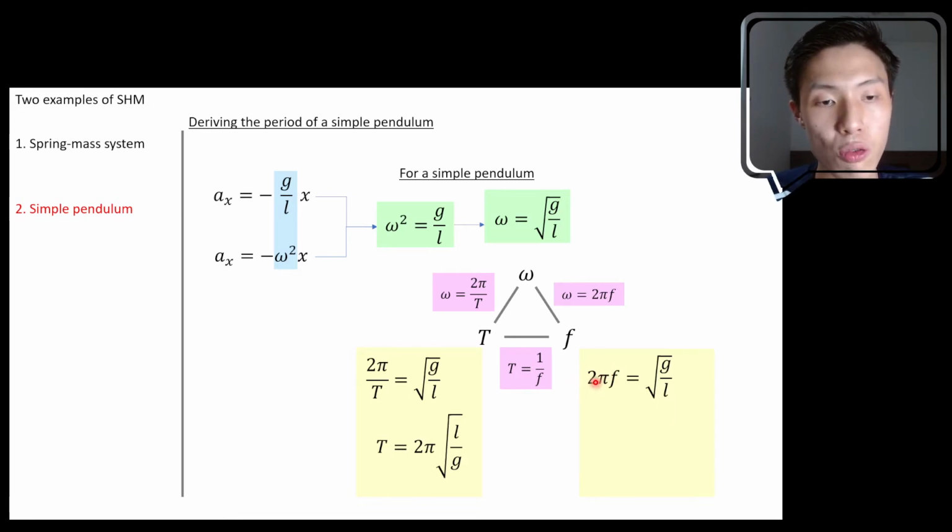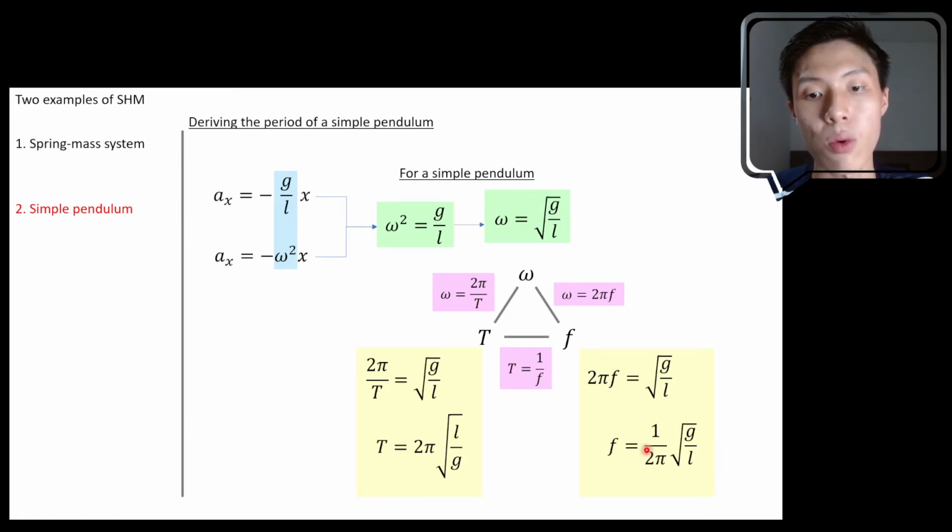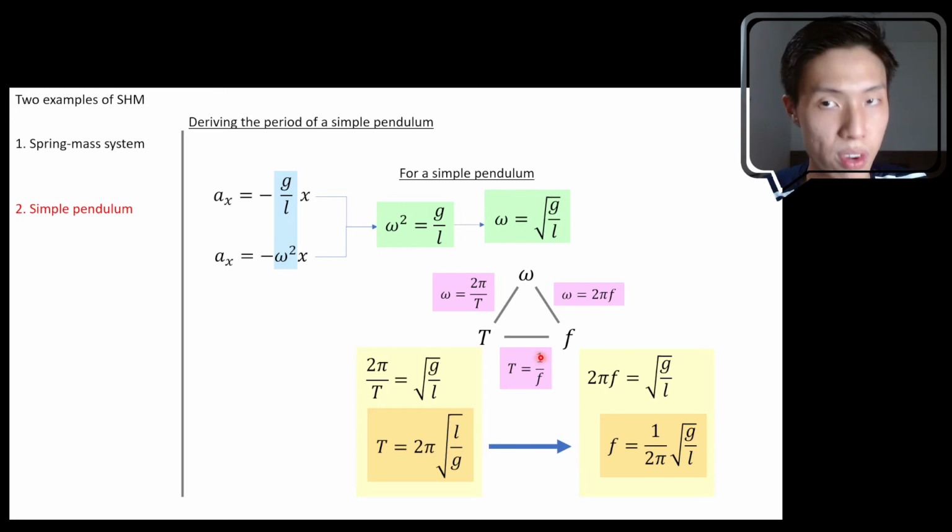If you bring the 2 pi to the other side, you get the equation for frequency: 1 over 2 pi times the square root of g divided by L. Now we have obtained the equations for period and frequency, and you notice they are just inverses of each other. You can obtain them using this relationship. This is how we derive the period for a simple pendulum.